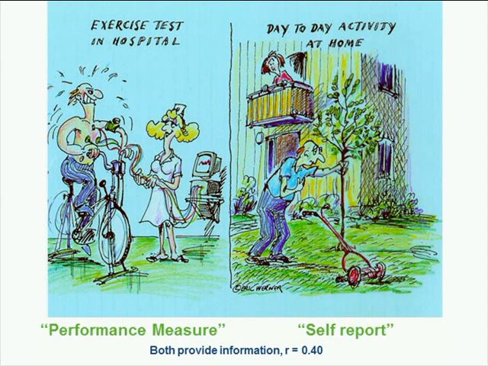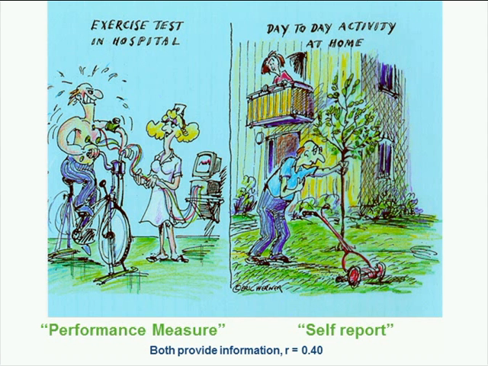When we compare performance measures, such as in this case a bicycle treadmill type test, versus a self-report, patient reporting on his or her own physical functioning, these are conceptually related concepts, but they tend to agree only around a 0.4 correlation. That is, they share some variance.